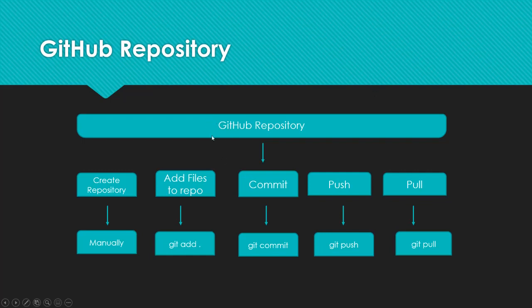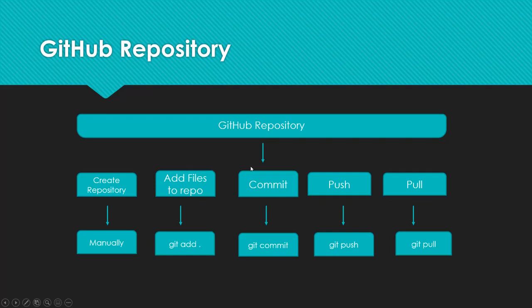In this GitHub repository we'll store our automation code, whatever automation project we have created. We'll store this using commands. First we'll create a repository. A repository is a container in which we'll store our automation code. We'll add files into a repo, which means we are going to store our automation files in whatever GitHub repository we create.